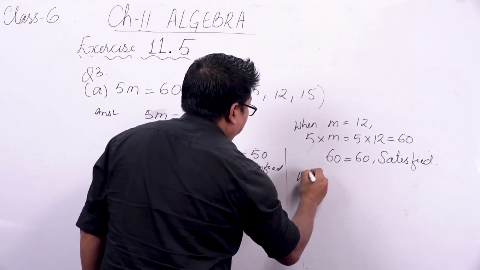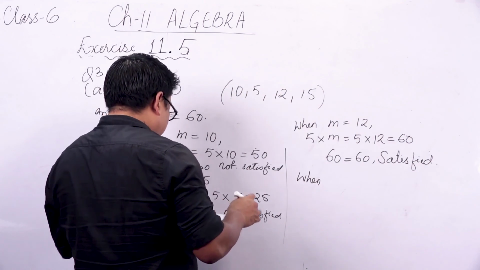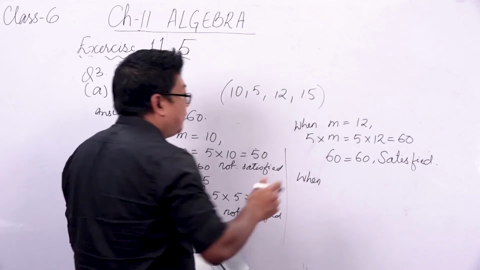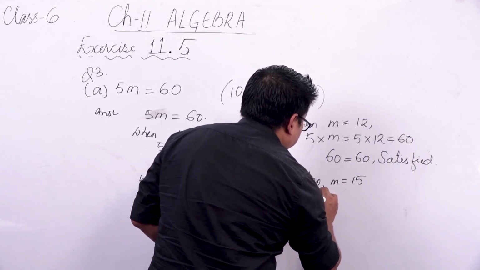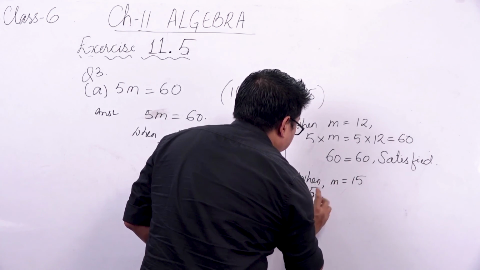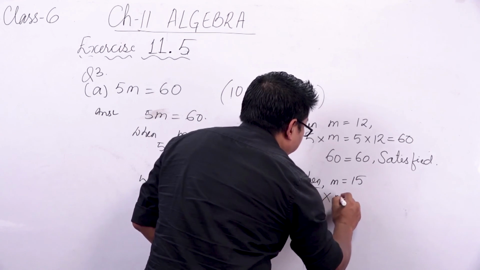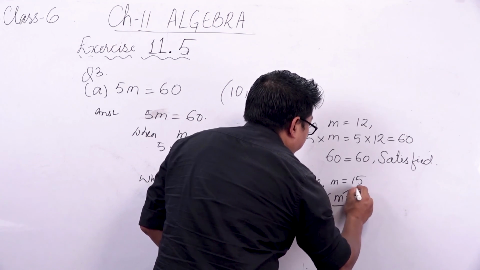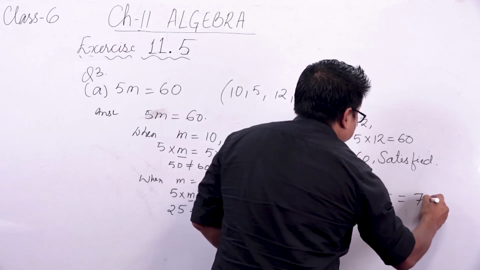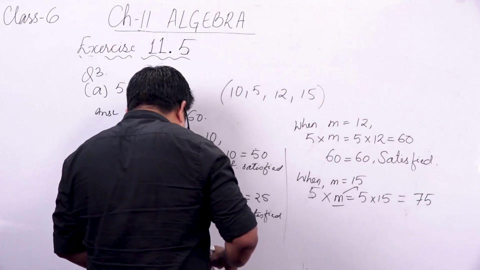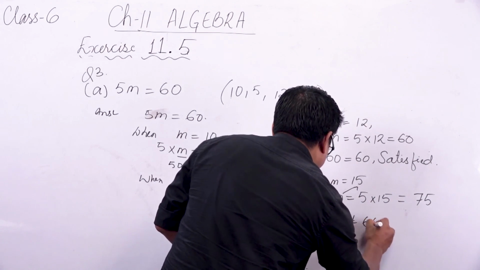Then lastly, check, because they have told you that you should show that other values do not satisfy. Okay. So when m is equal to 15, 5 into m is equal to, in place of this m, you put 15 now. So you get 75, right? So this 75 is not equal to 60.